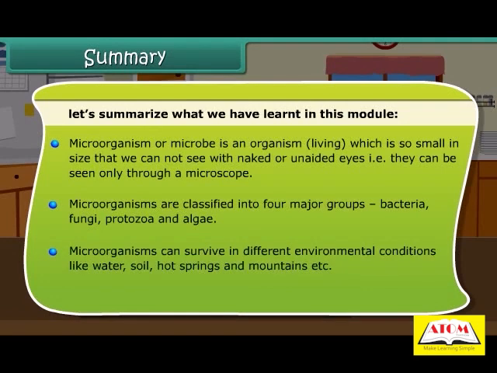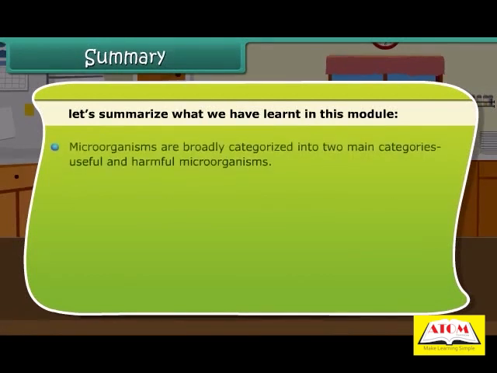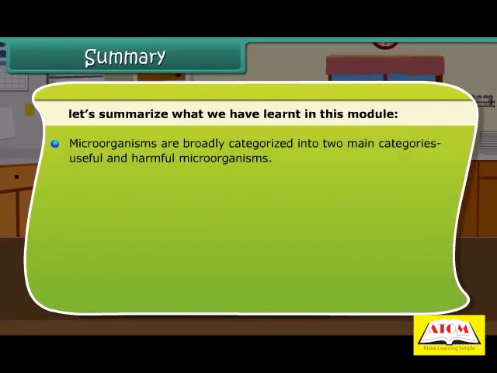Microorganisms can survive in different environmental conditions like water, soil, hot springs, and mountains, etc. Microorganisms are broadly categorized into two main categories: useful and harmful microorganisms.